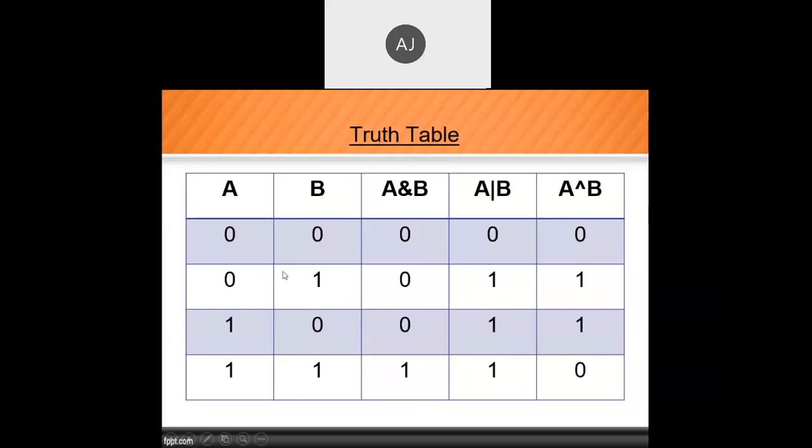So I am using 0 0, 0 1, 1 1, 1 0. If both the bits are same, we get the 0. If both bits are same, we get the 0. If both bits are different, we get 1. So the result is 0 1 1 0. Hope you have understood that.